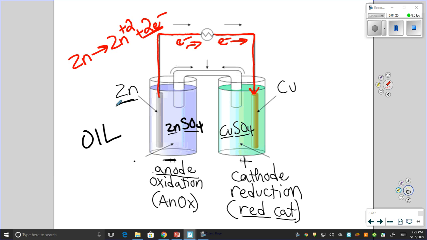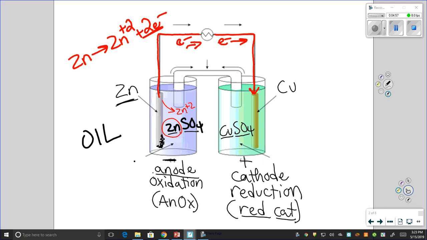Whenever an electron gets lost off of our anode, it comes off of a zinc atom, and that zinc atom forms a zinc ion. So you have zinc ions coming off of our zinc bar and forming Zn2+ ions in solution. That's going to be really important to us later. That causes over time this zinc anode to get whittled away.